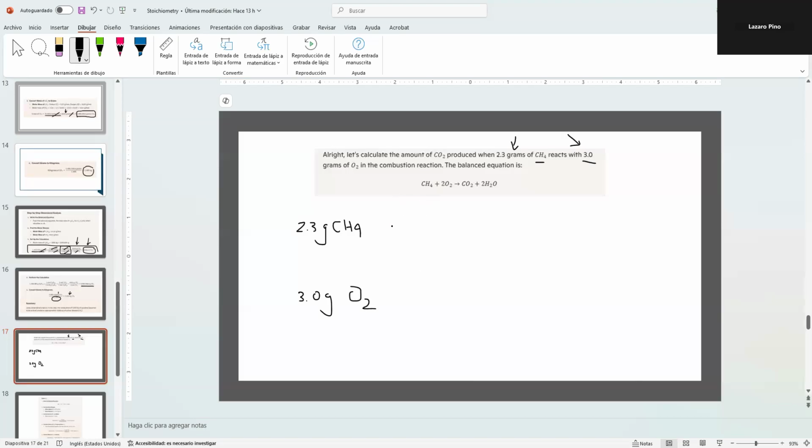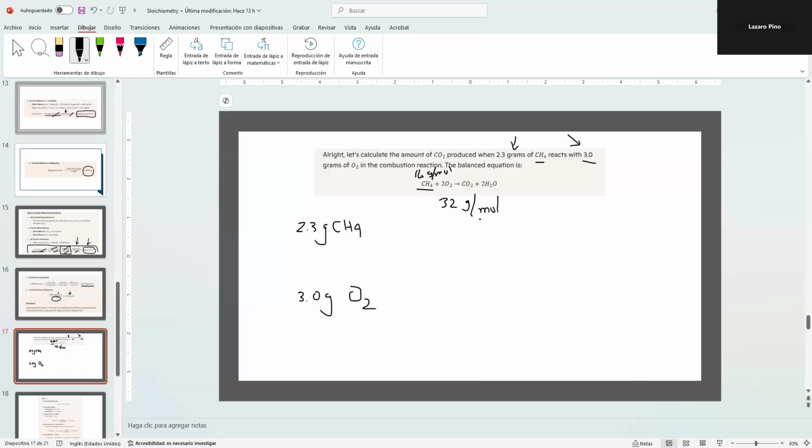Well, you can see here that the molar mass of methane is 12 plus 4 is 16 grams per mole. You can calculate it. And you know that oxygen is 16, but in this case you have 2 oxygen, then it will be 32 grams per mole.